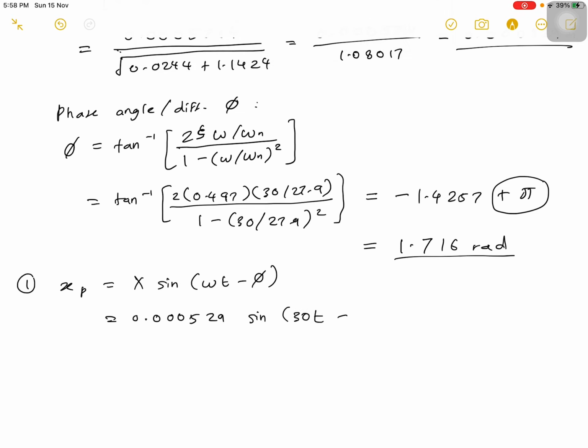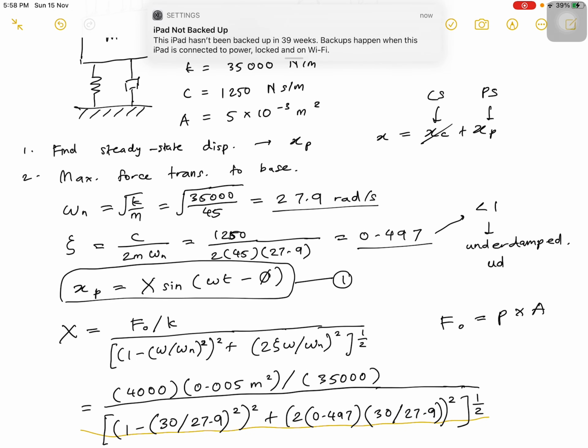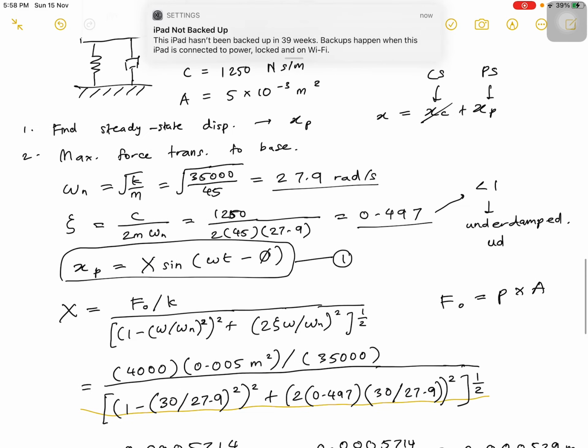We know omega. We know psi. Right? So this is the solution. This is the displacement. So we answered already the steady state displacement.